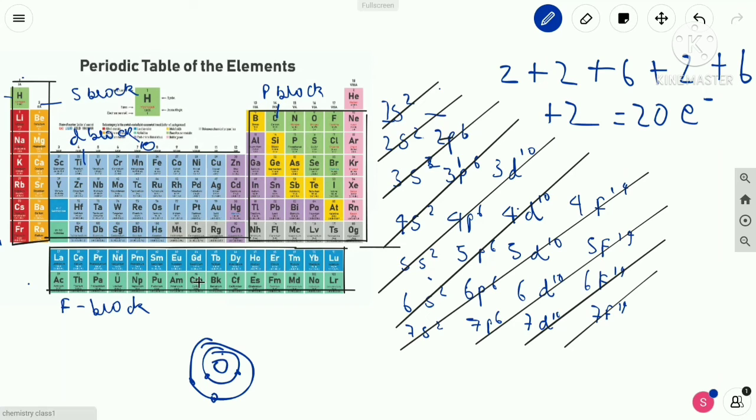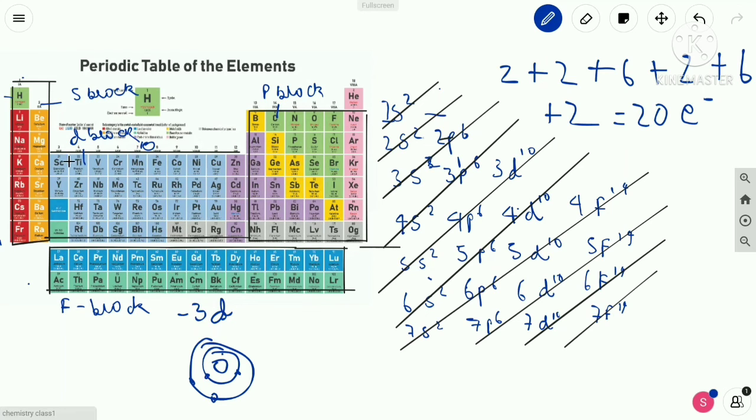And with these elements, you can say, why can't we just accommodate them? Because of the property I spoke to you about, that the inner shell does not get filled, but the outer shell gets filled. All of them have their valence electrons as 3D.